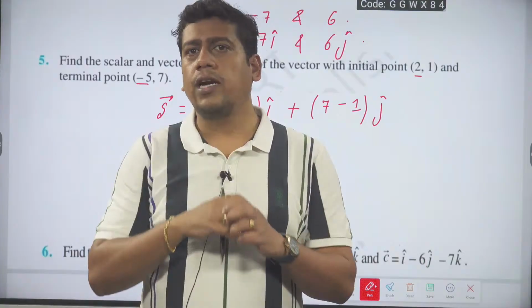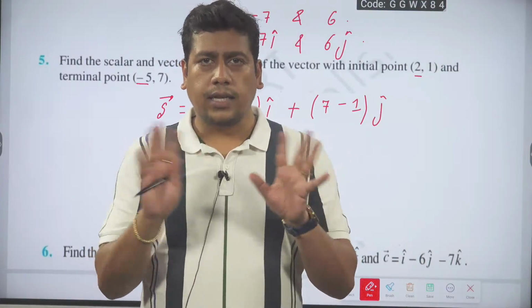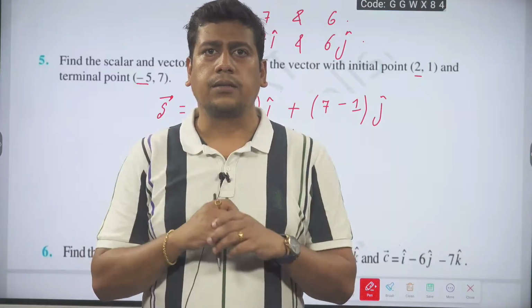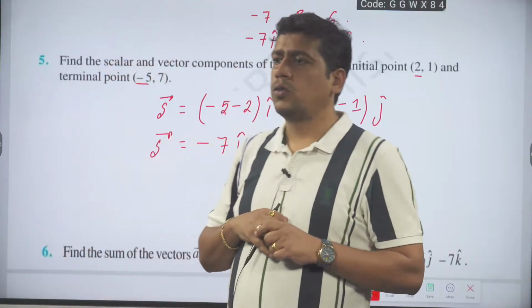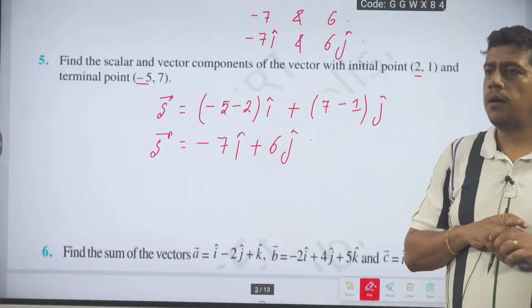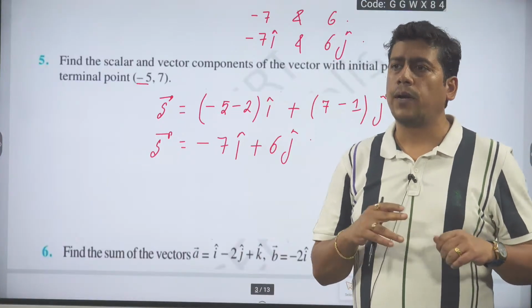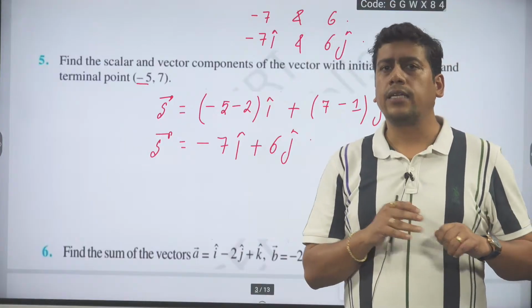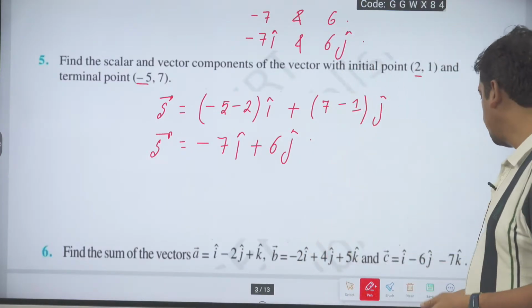Only this unit vector. If they ask a scalar component, just take the 6, 7 like this. If they ask vector component, put i cap and j cap also. Direction is the main difference, and direction is represented by unit vector. I hope this point is clear.